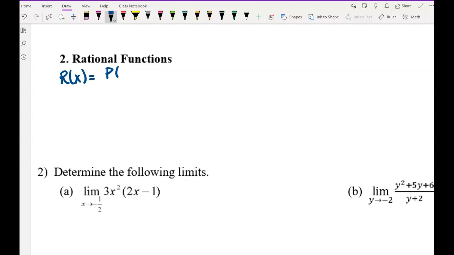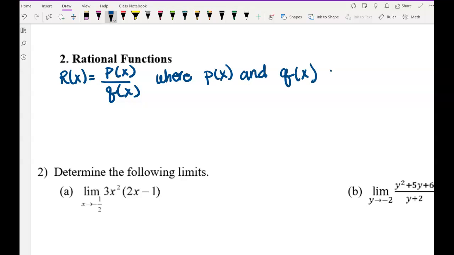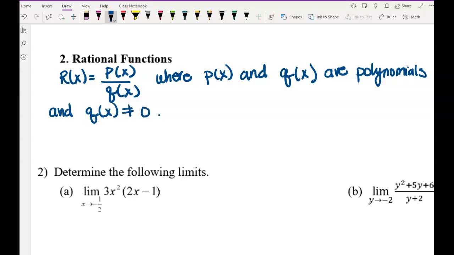Now, rational functions are in the form of a fraction, hence the ratio in the word rational itself. So we have p of x divided by q of x, where p of x and q of x, students, are polynomials. And in addition, because it's a rational function, your denominator, q of x, can never ever be 0, okay?